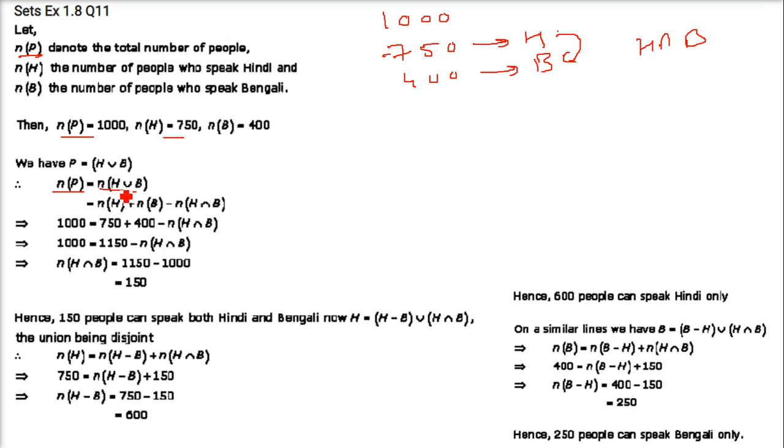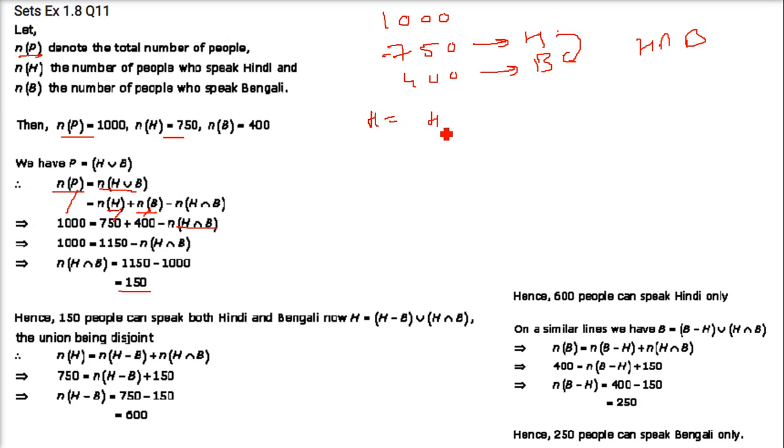NP will be N of H union B, which is NH plus NB minus N of H intersection B. This we already know. So with NP 1000, NH 750 and NB 400, the people who speak both Hindi and Bengali are 150.